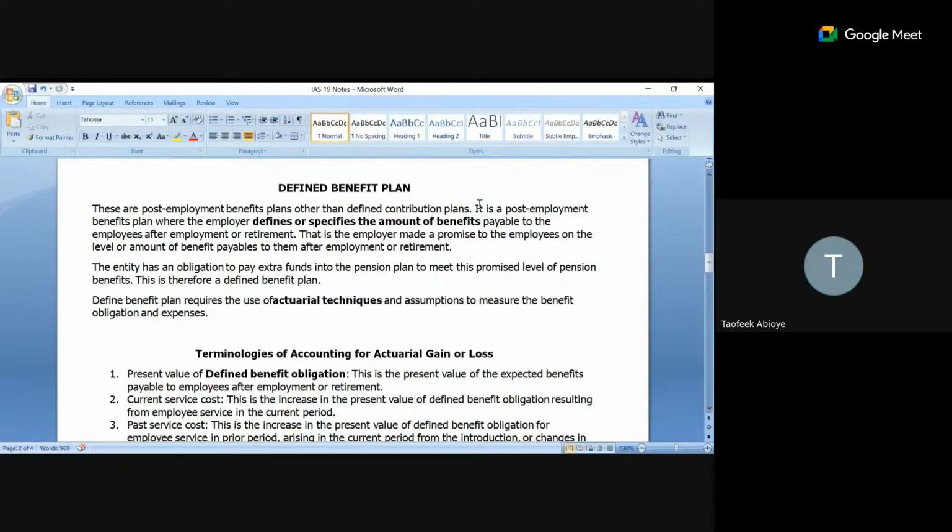And the standard portrays it as a post-employment benefit where the employer defines or specifies the amount of benefits payable to the employees after employment or retirement. That is, the employer made a promise. So under a defined benefit plan, the employer is going to promise to pay the employee the level of amount payable to them after retirement or employment.